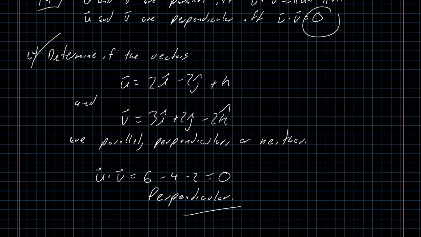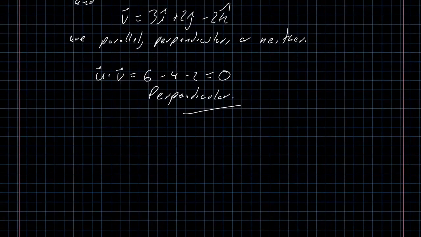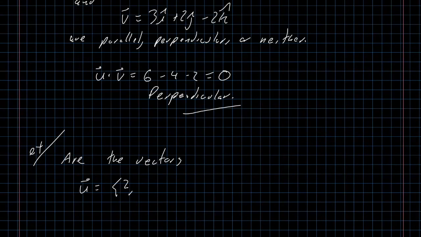If the dot product is anything else, then we have to figure out the magnitude so that we can actually calculate the angle. Helps if I write down the right problem.